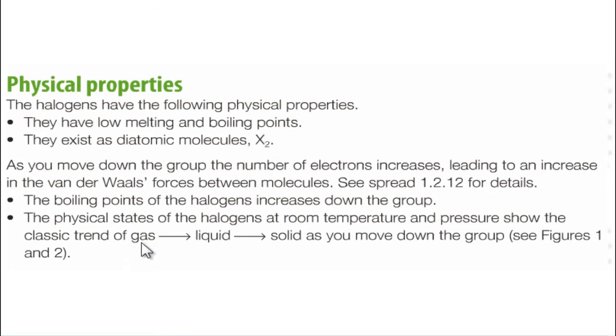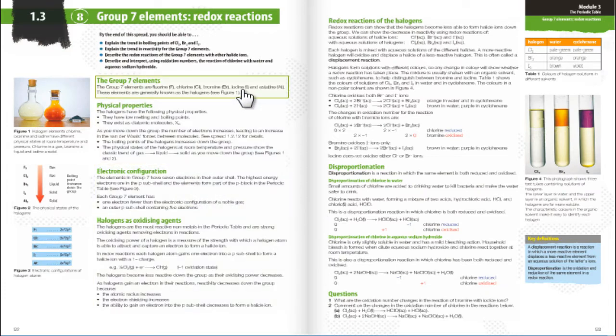And the physical states go from gas, liquid to solid as you move down the group. But this depends. It goes gas, liquid, solid all the way down the group, not just the first 3 elements.